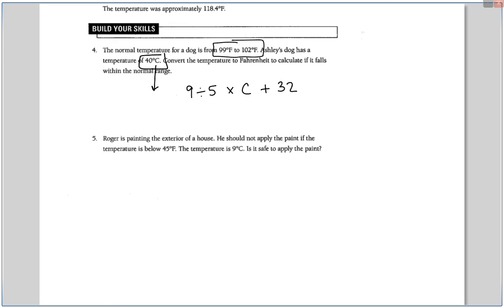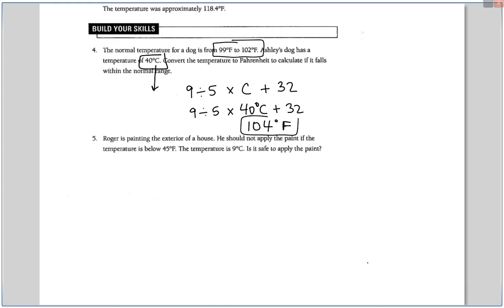So just remember, you always do times and dividing first, but you can even go left to right if you're using my formula sheet, so it's super simple. So do 9 divided by 5 times 40 degrees Celsius plus 32, and you get 104 degrees Fahrenheit.